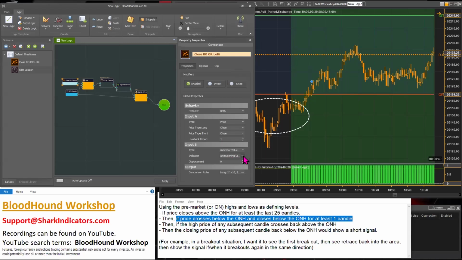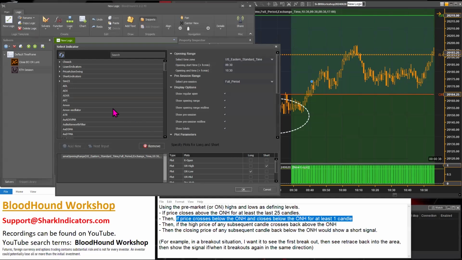Just a little tip here: if you have an indicator that's complicated to set up, with lots of different settings, then when you're building a system it's important that the settings for your main indicator are consistent throughout all of your solvers.